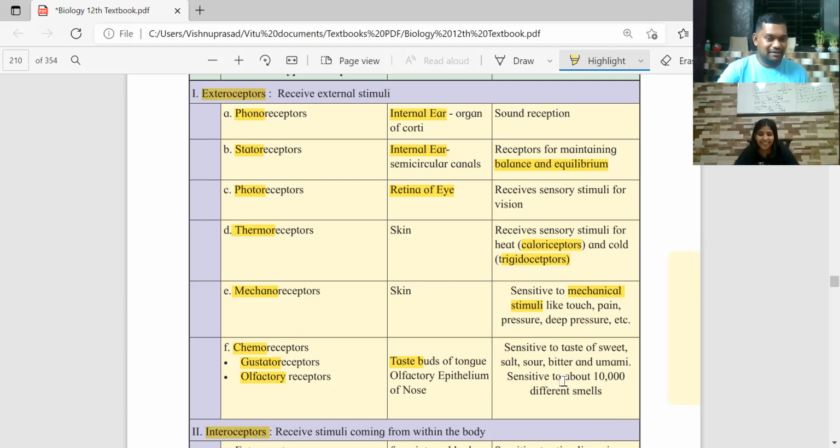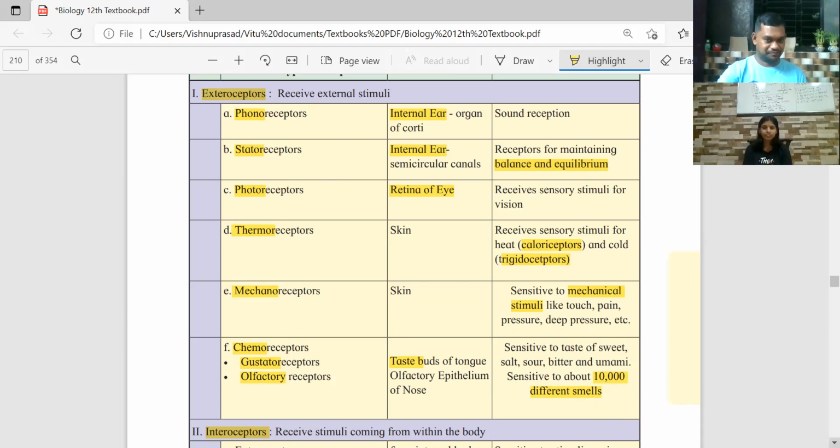We are sensitive to about 10,000 different smells. Imagine. Taste: salty, sour, bitter, umami, astringent or pungent. Those are the very strong ones.